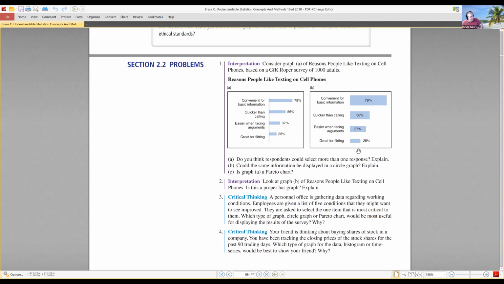What else have they done to the rectangle to try and change the way you view the information? They've taken and made it wider. Right, and big gets wider and little gets skinnier. So in a way, aren't they trying to emphasize that 79% is bigger than 25%?